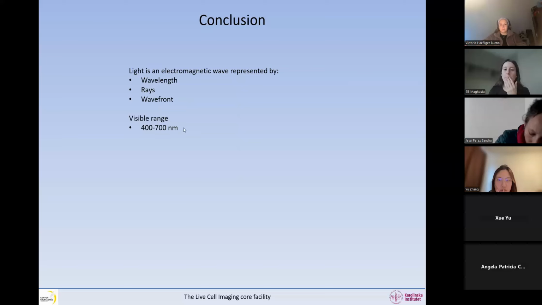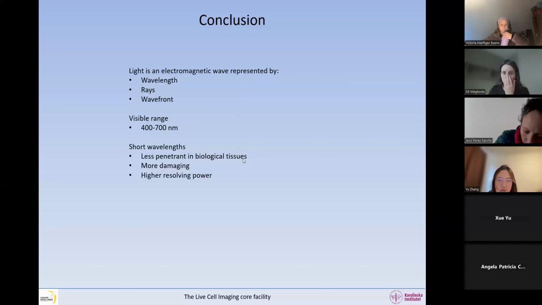Nowadays we work also in the near-infrared range. Shorter wavelengths are less penetrant in biological tissues, but they are more damaging and they have a higher resolving power. So sometimes you want short wavelengths to get more resolution, sometimes you want long wavelengths to have less damage and more penetration.